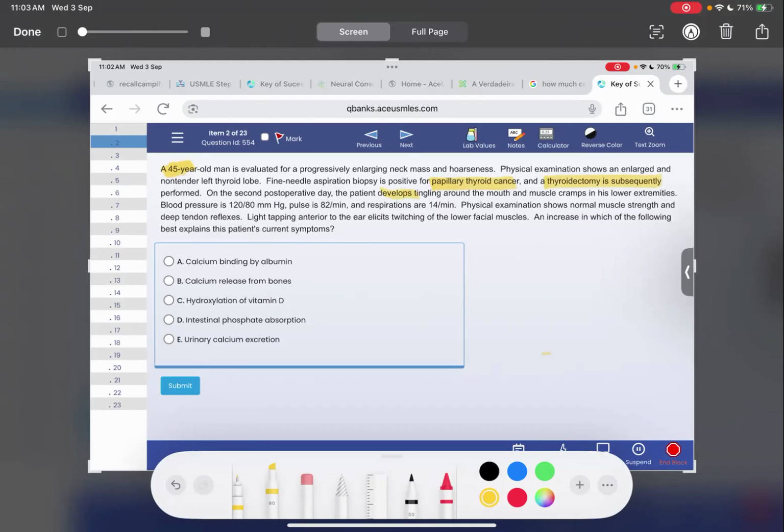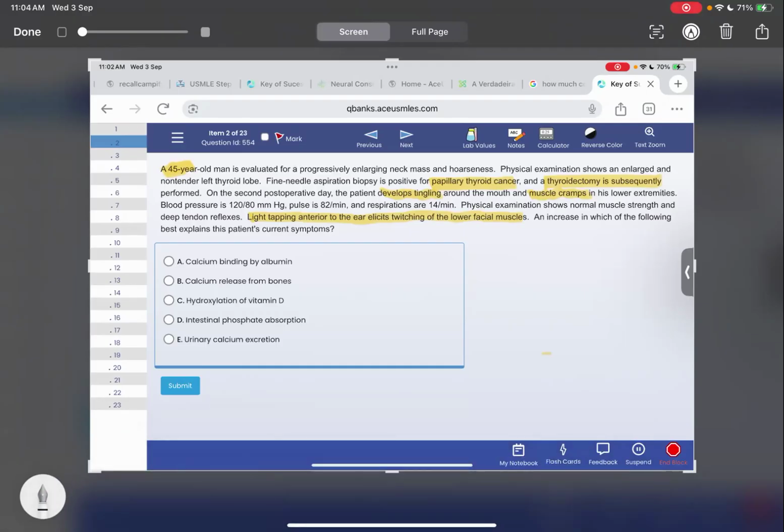The patient develops tingling, muscle cramps, and physical examination shows normal muscle strength and reflexes. Light tapping anterior to the ear elicits twitching of the facial muscles. An increase in which of the following best explains this patient's current symptoms? So what is happening over here is that we have removed the thyroid, right?